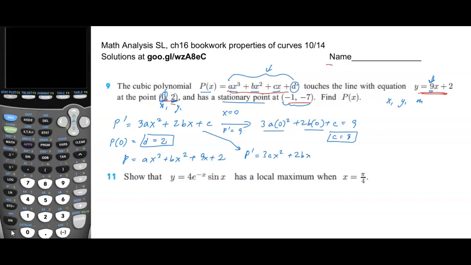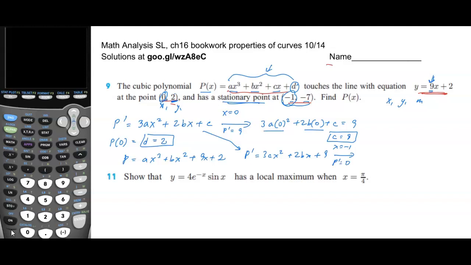But we know that the c value is 9, right? Well, we know that it has a stationary point at (-1, -7). So we know that the derivative at x equals -1 is 0.